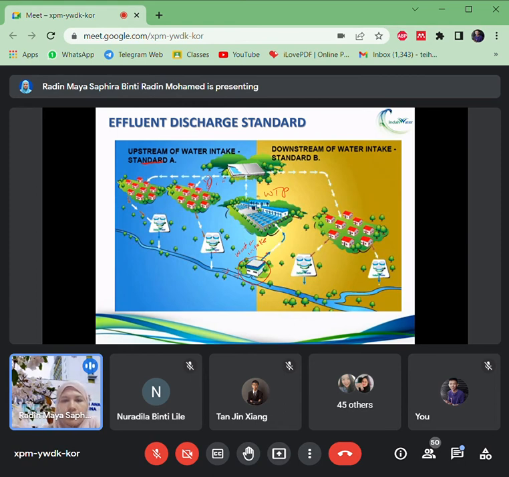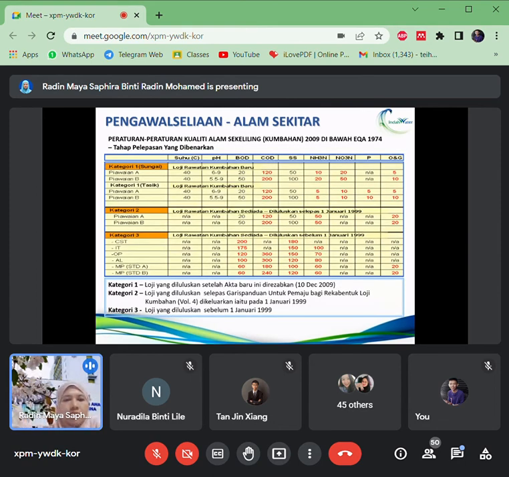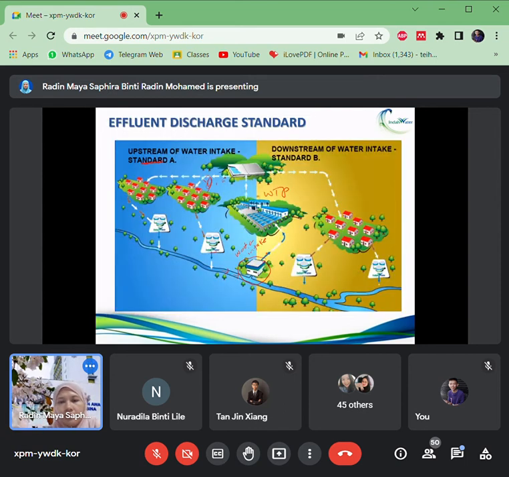So in here, in this case, for P1B, standard B, for example BOD, dia punya requirement is 50. Kalau over than 50, then IWK kena saman lah patutnya. Sebab dia tak comply dengan effluent standard.